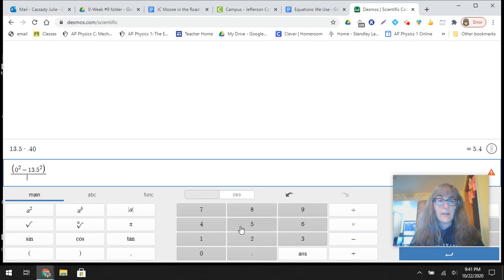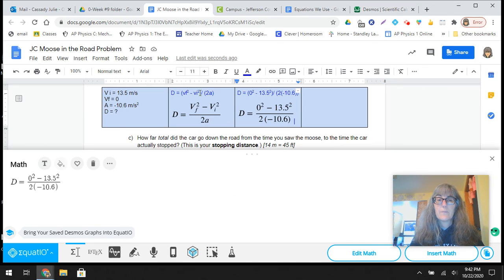The whole thing divided by, and then 2 times negative 10.6. And you can see our answer is 8.5966, etc. And we want to round that to 2 digits, so 8.6 meters.